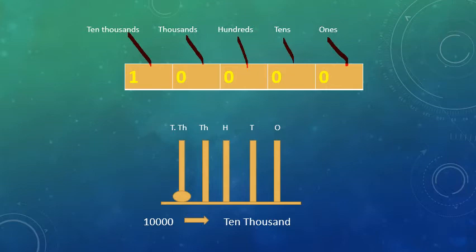Let us see. 10,000. It means 1 is at the 10,000 place. So we represent it by 1 bead, and at the ones, tens, hundreds and thousands place there is 0, so we do not represent it by any beads.